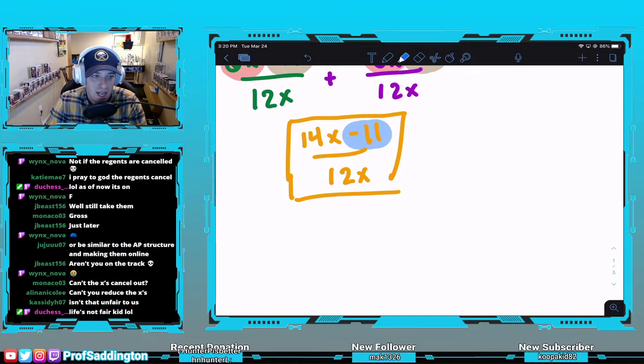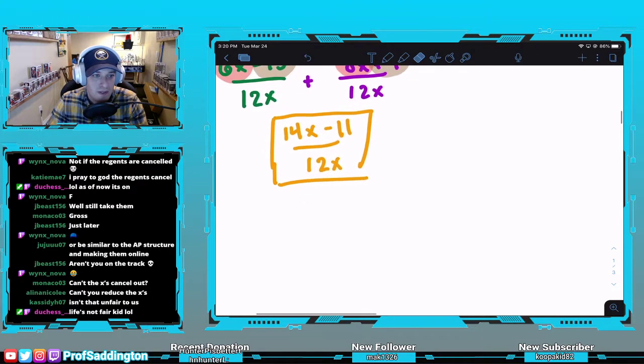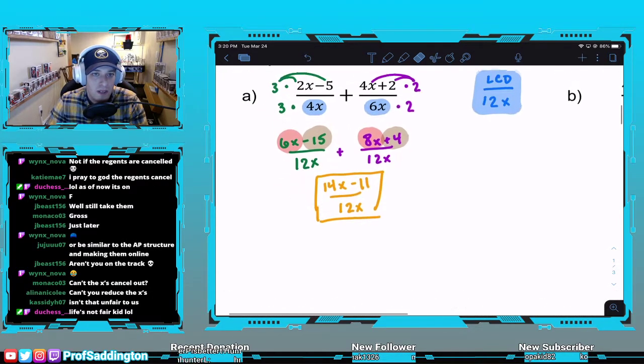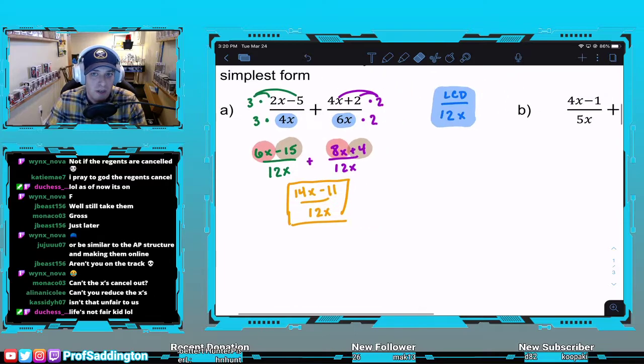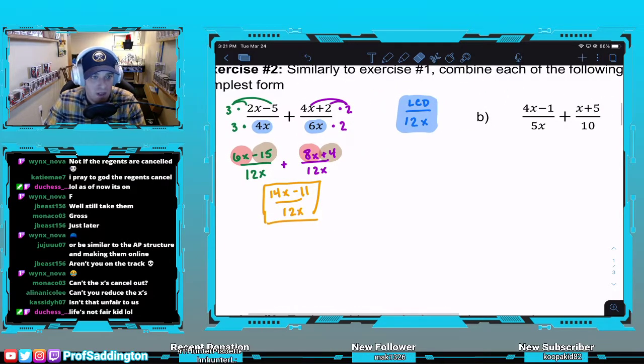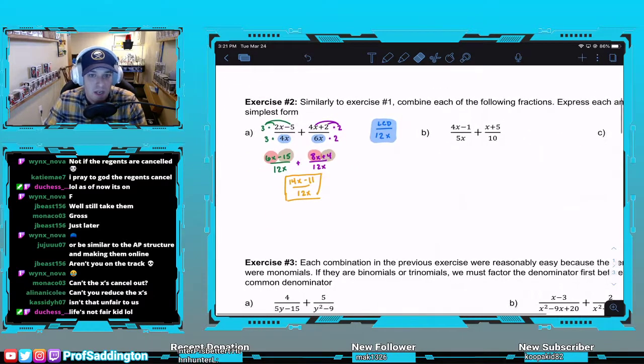So you can't just cross off the x's because that 11 belongs to it. I'll show you guys when you can cancel them out because we're going to do another problem that's going to be attached to it. Okay. So as far as part A goes, I hope you guys have an okay understanding with that.